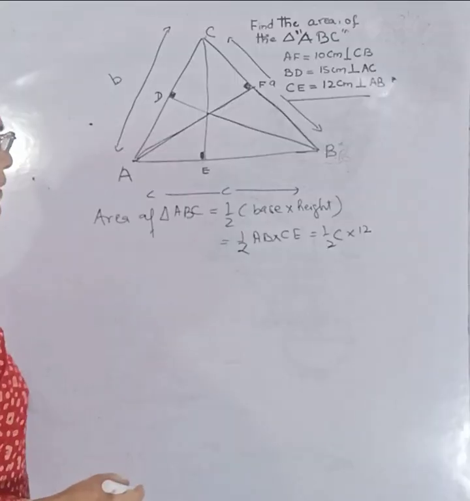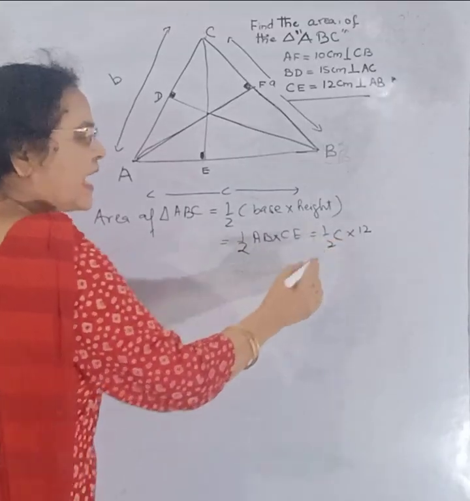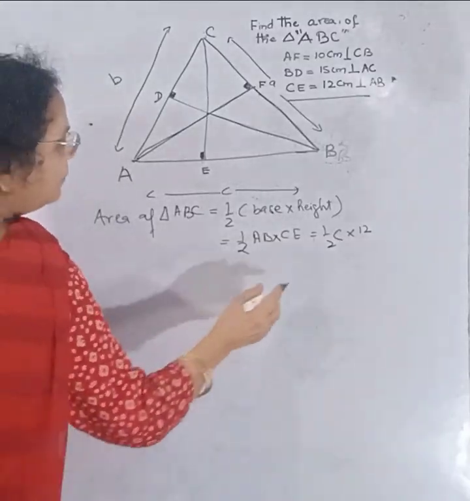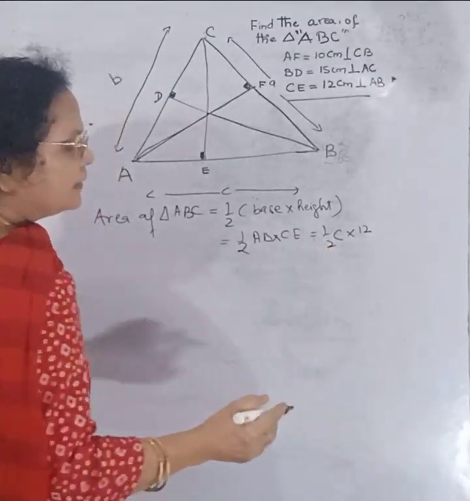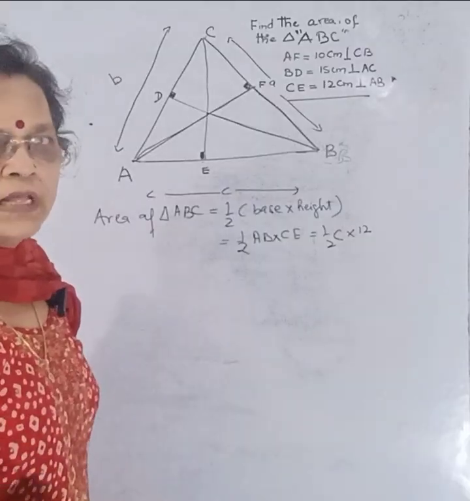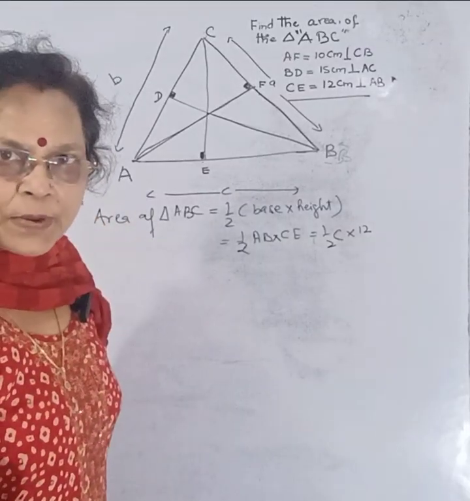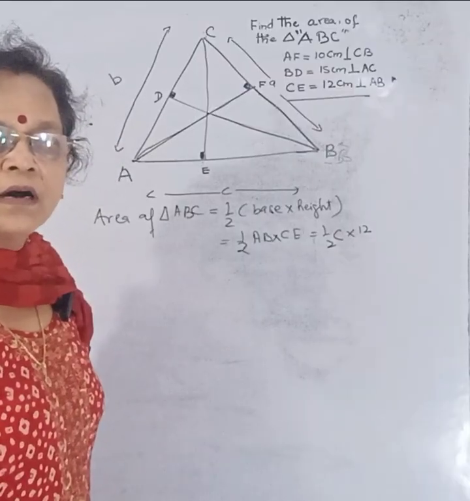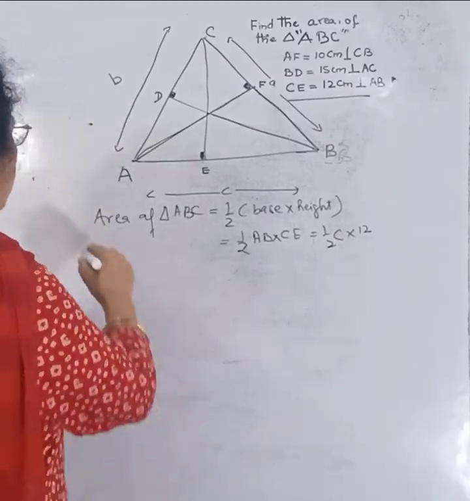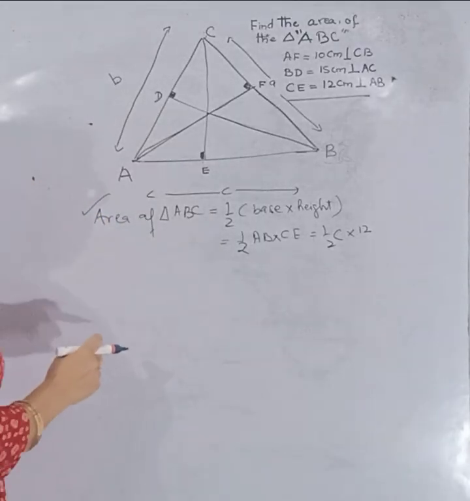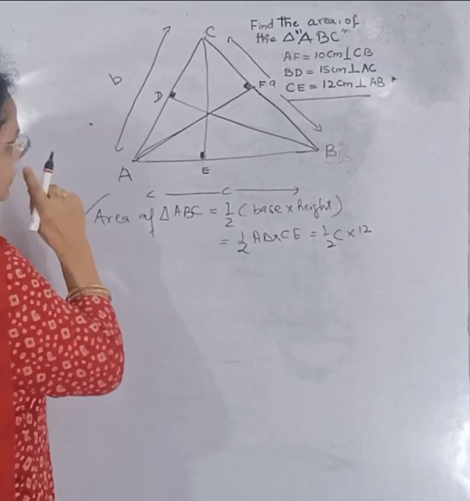Now the question is, the lengths of the sides are not known to us. Our aim should be to find either of the sides, then we can multiply that side by the perpendicular and half it will give us the value of the area. Now how can we find the area?